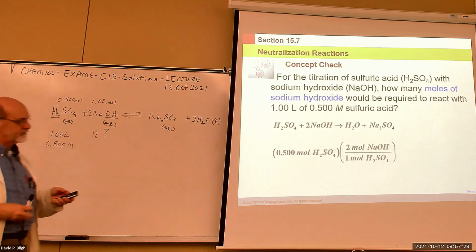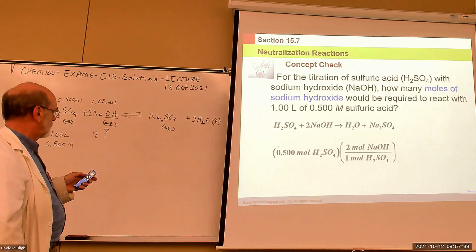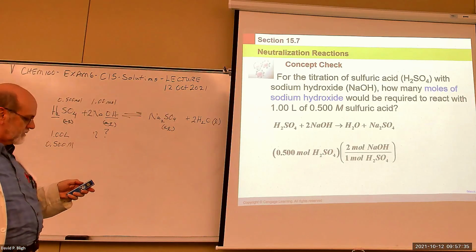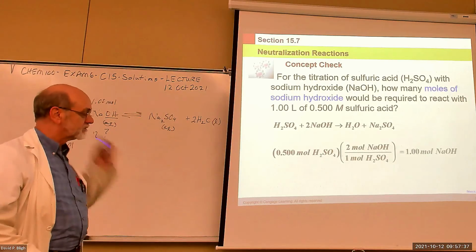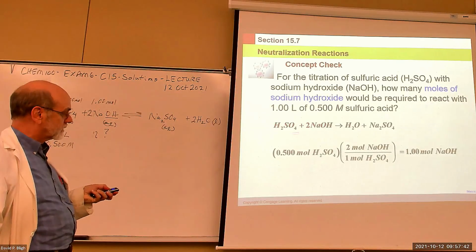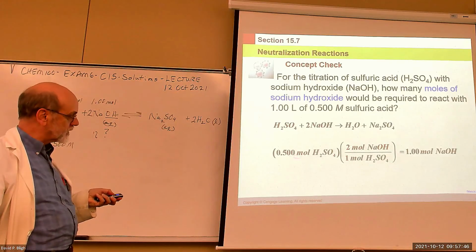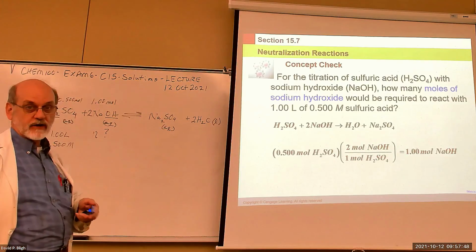Okay. Yeah, that's an error. Fortunately, it won't affect our calculation because this ratio is correct, 2 to 1. And there's our conversion factor for this, gives us 1 mole of sodium hydroxide.